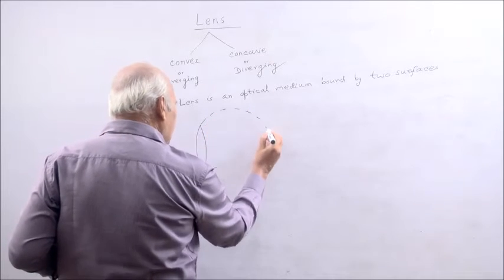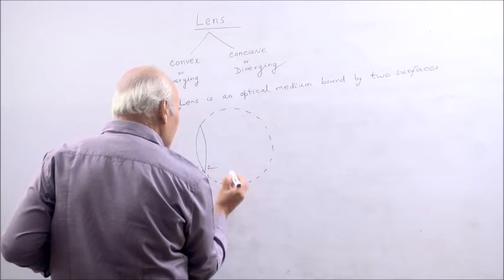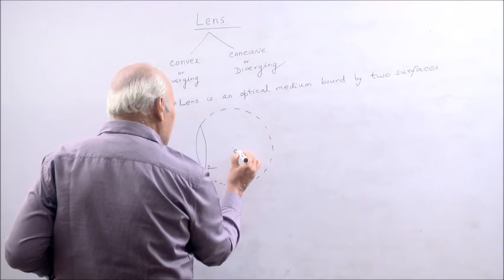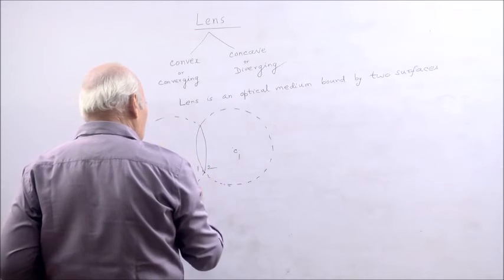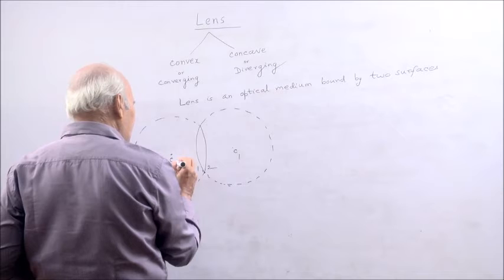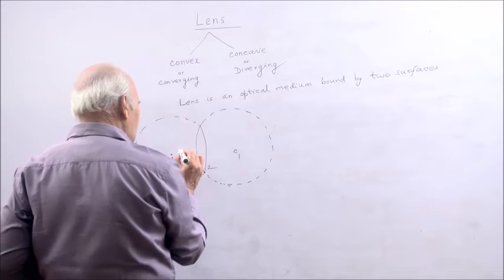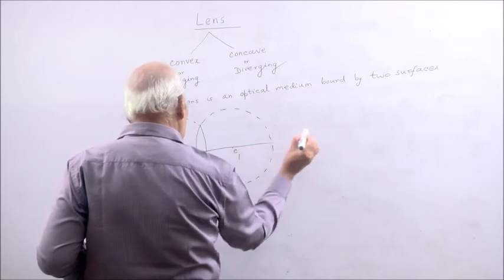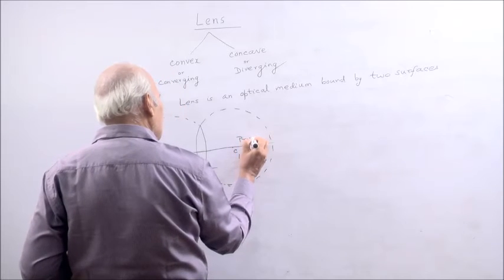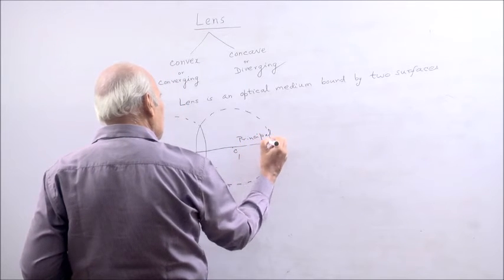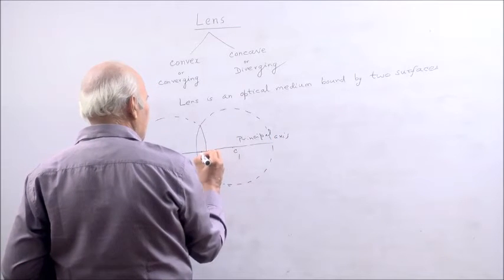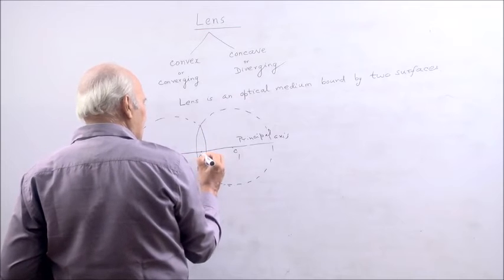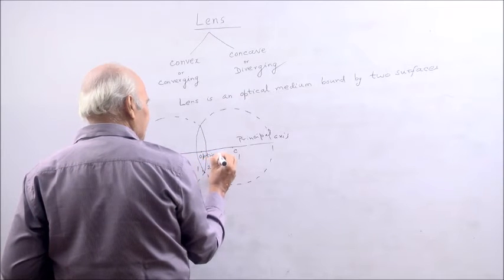So, this is first surface which has a center of curvature C1. This is another surface of center of curvature C2. And if you join them, you get the principal axis. And this middle point of the lens is called the optical center.